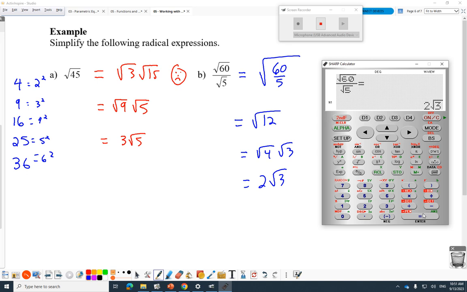On the test, if I write root 60 over root 5 and you write root 12, I'll give you 0. Nothing. I don't care, you can type into your calculator. You didn't take 11U math to type things in your calculator. But it is a good backup. You finish off, I think it's 2 root 3, and your calculator goes, it's okay. Or maybe you forget to do the step, you go root 12. You type it in and go, root 12, and it says 2 root 3.